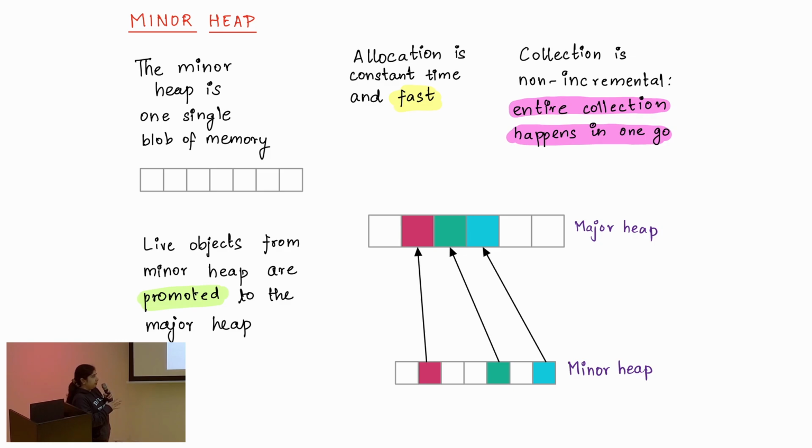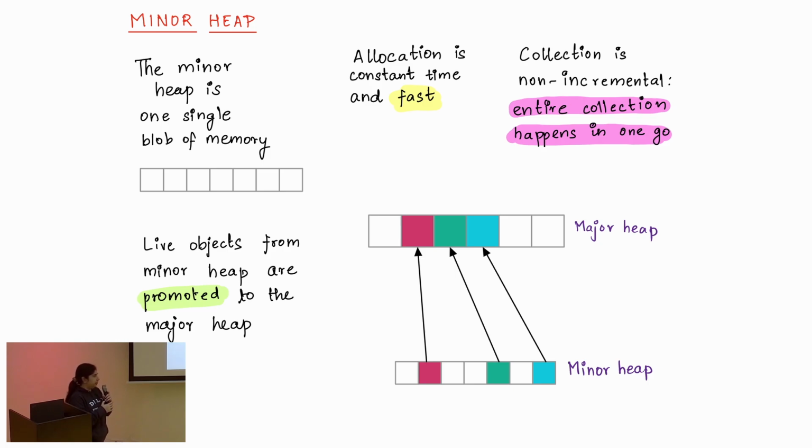Collection is triggered when the minor heap is full, and the collection is non-incremental, meaning the entire collection happens in one single go. There's no stopping the collector, as is the case with the major heap. We'll also see that in a bit.